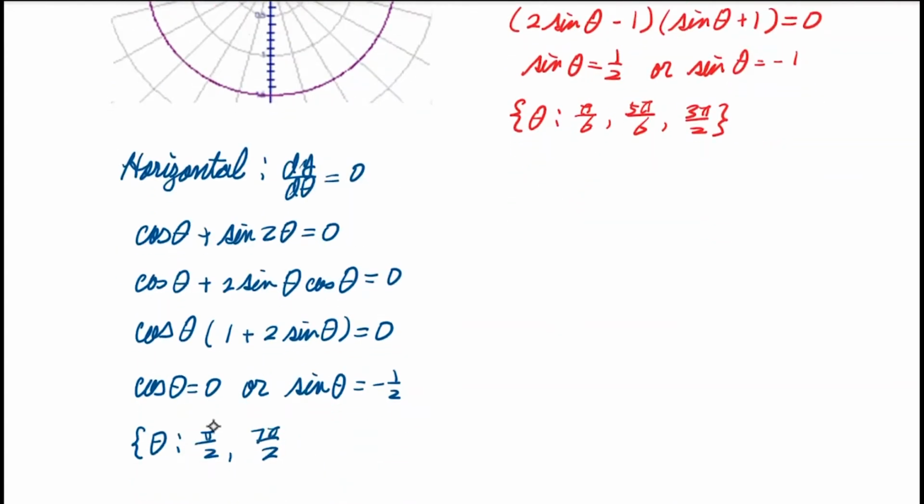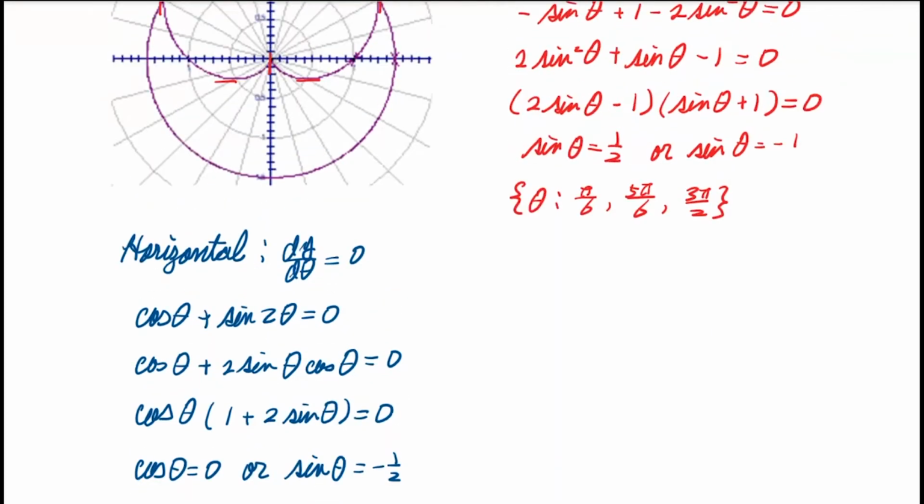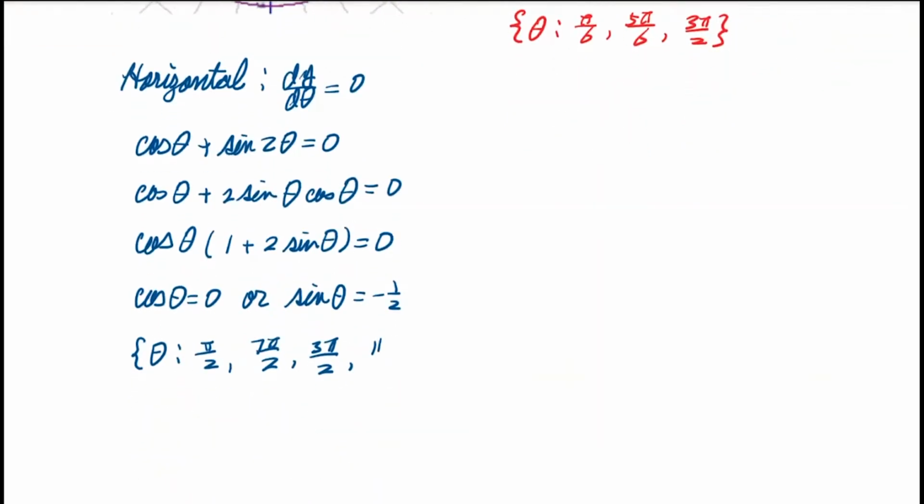Okay, and wait a minute, pi over 2 as well as 3 pi over 2. Uh-oh, do you see trouble bubbling? And this one, finally, 11 pi over 6. Nice catch. Over 6, right?